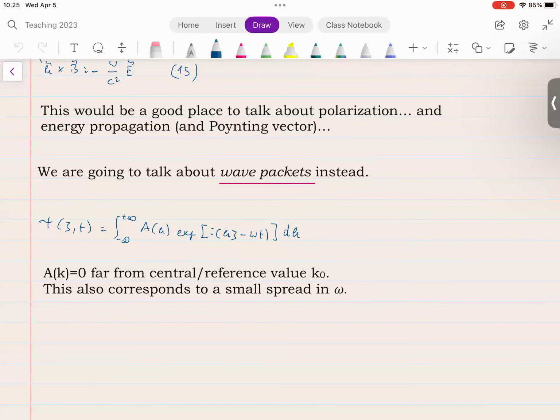Now, that's the case because for any wave, there is going to be some relation between k and omega, the dispersion relation, called with a name for a good reason.